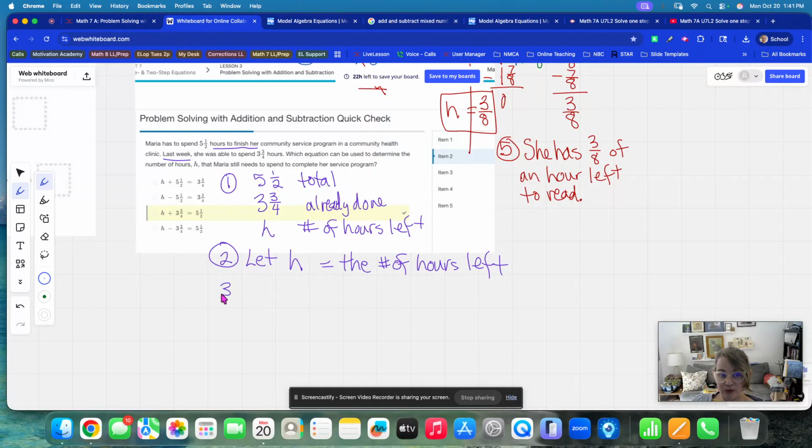Okay, step 3 is to write the equation. So I'm going to say the hours done plus the hours left is going to equal the total hours.